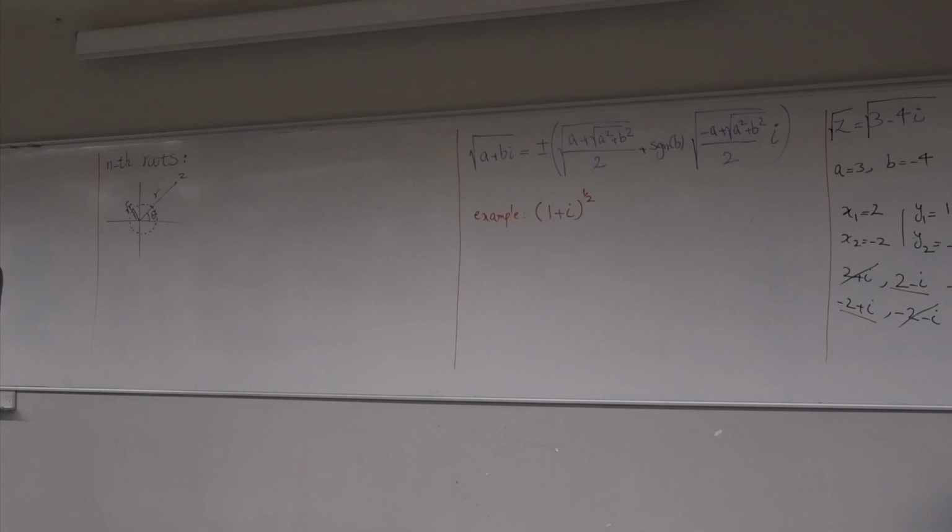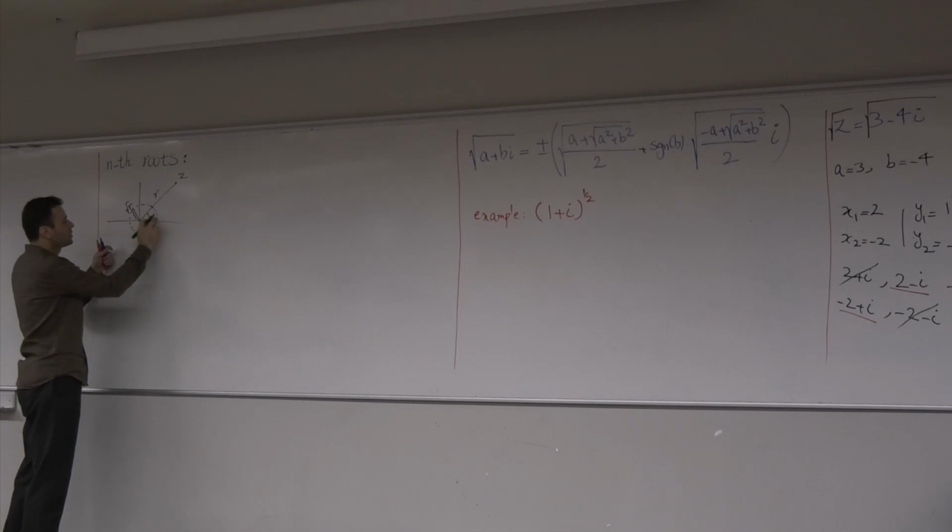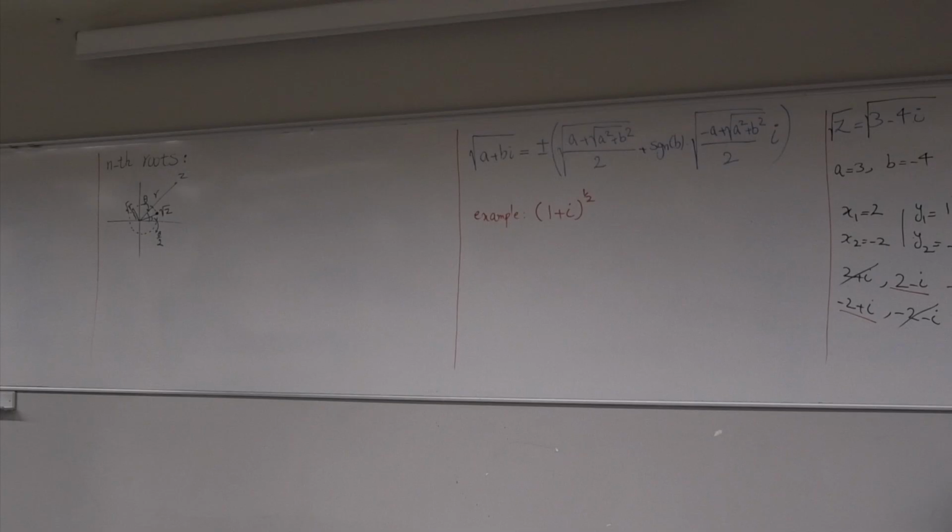So what should that angle be? Theta divided by 2, right? So I'm claiming that if this angle is theta, and I select this one, this is going to be theta divided by 2. This number which is here is going to be the square root of z.